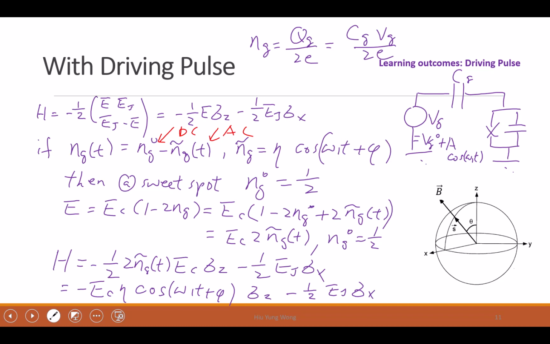Remember that one? That gives us the rapid oscillation when I got a magnetic field. The only problem is here, this is in the z direction, this is the x direction. The constant one is in the x direction, and the oscillating one is in the sigma x direction.